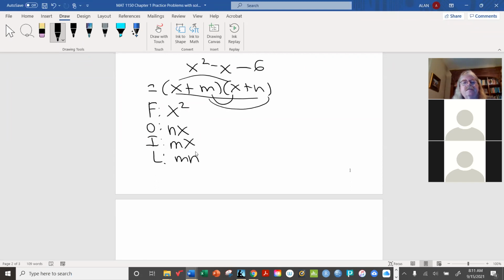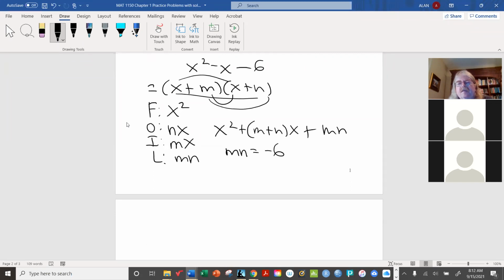So you've got x squared plus m plus n x plus mn. You're trying to figure out what m and n are. So we know two things. First of all, this last term is negative 6. So therefore, m times n is negative 6.